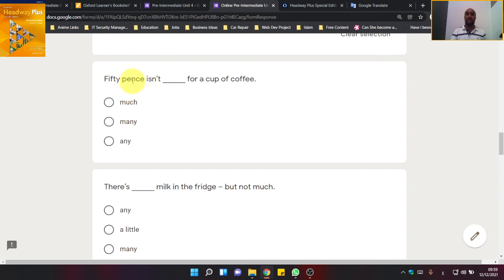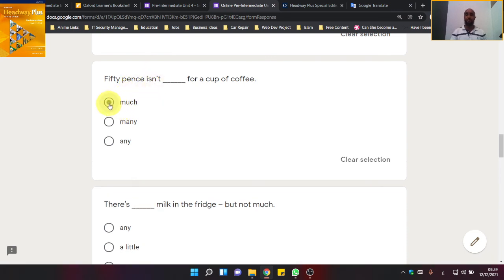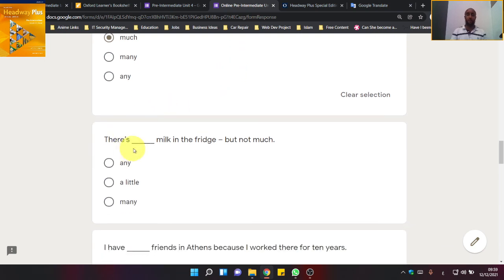So we can say 50 pence isn't much for a cup of coffee. Not isn't any, you know, we should have any with a noun straight away. For example, there isn't any cake, there isn't any coffee. Not there isn't any for. That will be incorrect.